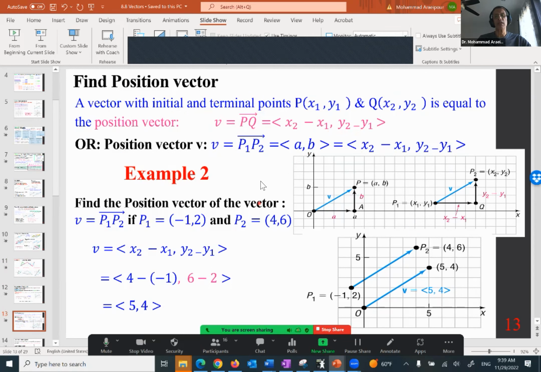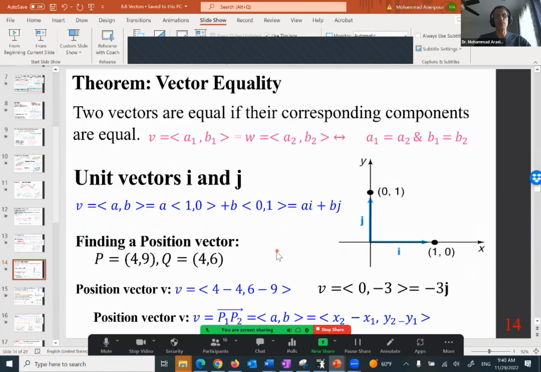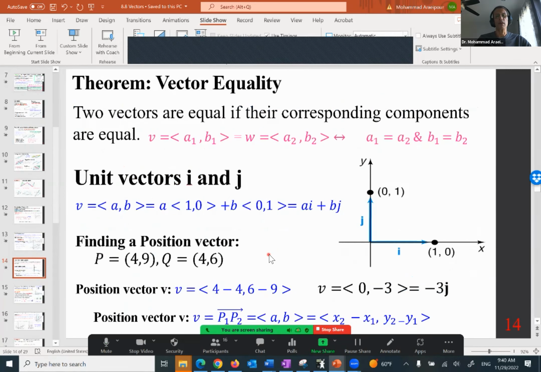So basically, we can move the vector such that the initial point is at the origin. Now it becomes known as a position vector, and this is the formula which will find the components a and b. In short, two vectors are equal if they have equal components.